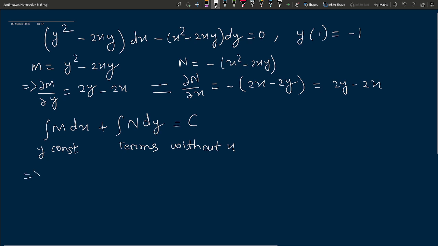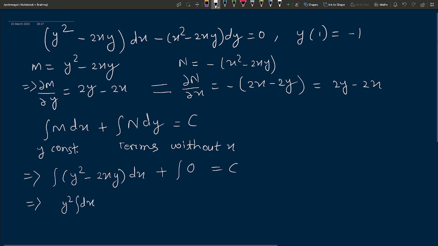So this implies integration of M, where M is y square minus 2xy dx, plus integration of N. Now N has two terms, and both terms contain x, so you will write 0, equal to c. Now you have integration treating y as constant, meaning y square is a constant.